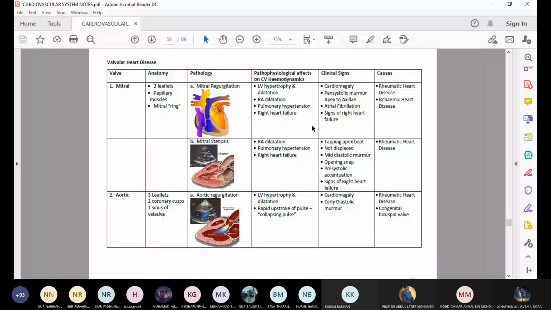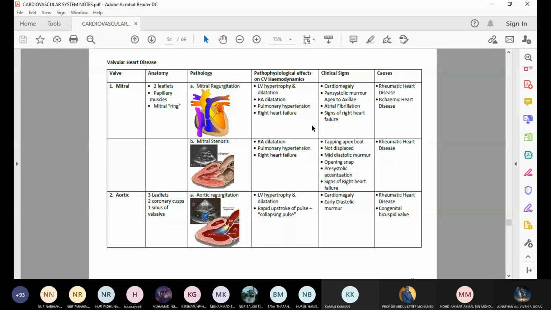It will cause, downwards, hepatomegaly, ascites, and edema. Okay. So this is the story of mitral regurgitation. The details you can read and revise in the notes. Okay. The diagram explains it quite well.